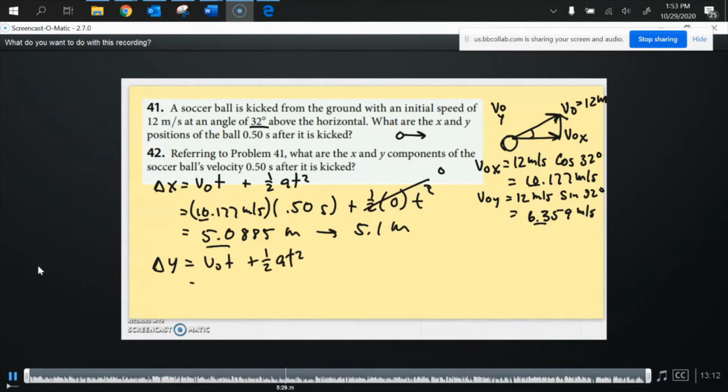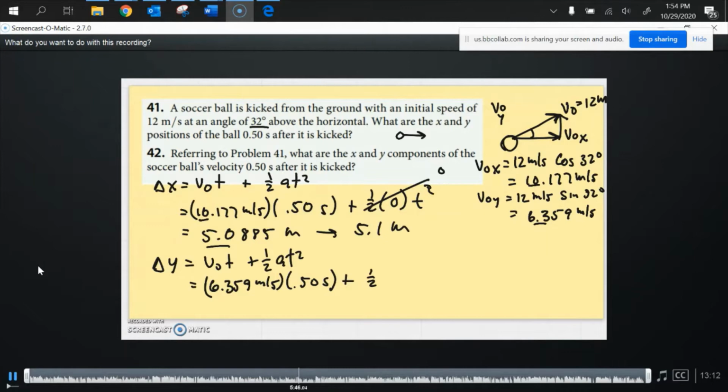Now this time, for the last few examples that we've done, v0 has been 0 in the y direction, but this time it's going to be 6.359 meters per second times the time of 0.5 seconds. Now, be careful here.